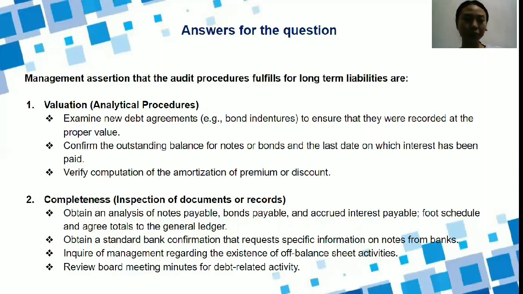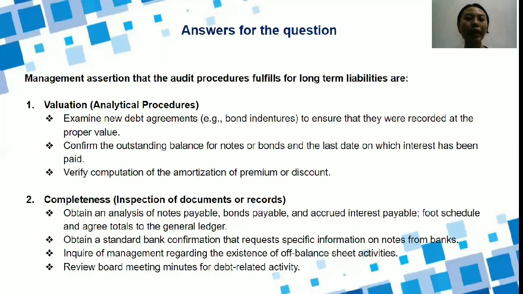Last but not least is about completeness. The completeness assertion can be tested by the auditor by obtaining an analysis of notes payable, bonds payable, and accrued interest payable. They need to put the schedule together and agree the totals to the general ledger.